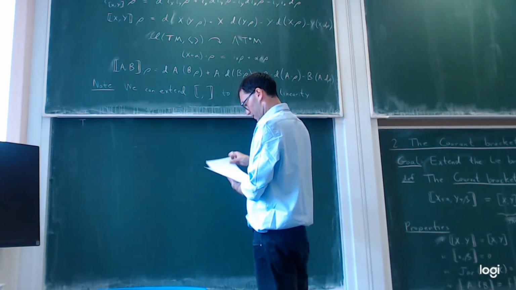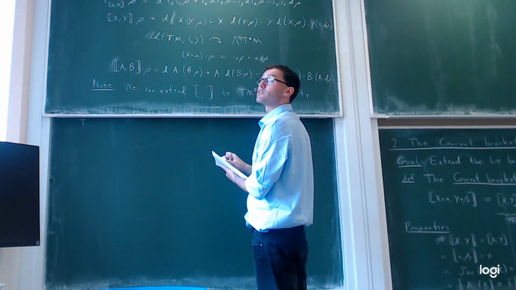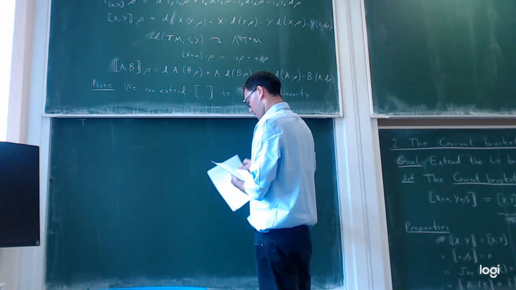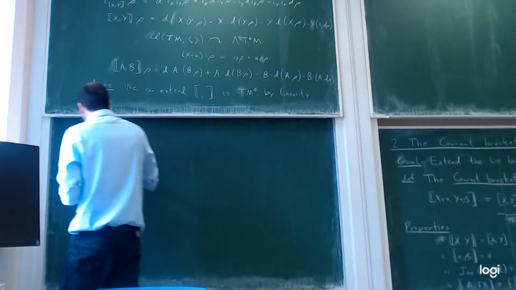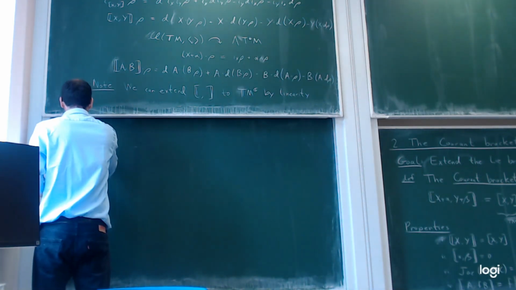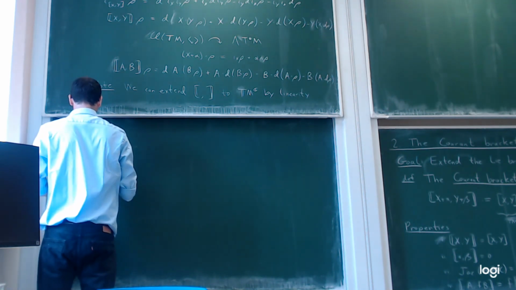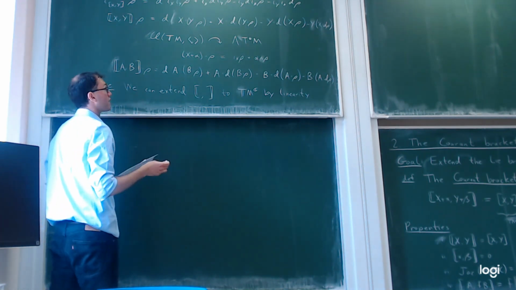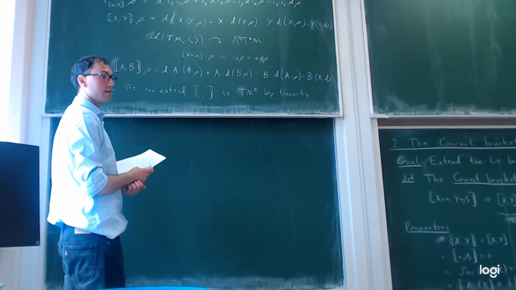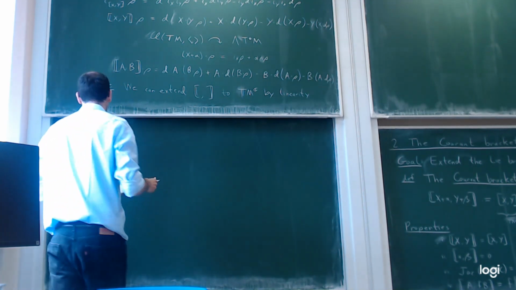And now we're at the final section, section 3. We're making good time. So generalized complex structures, generalized complex structures as complex Lie algebras.